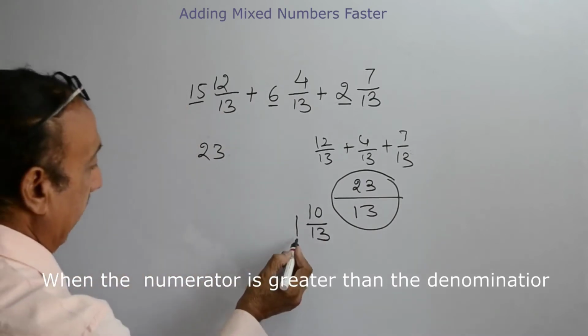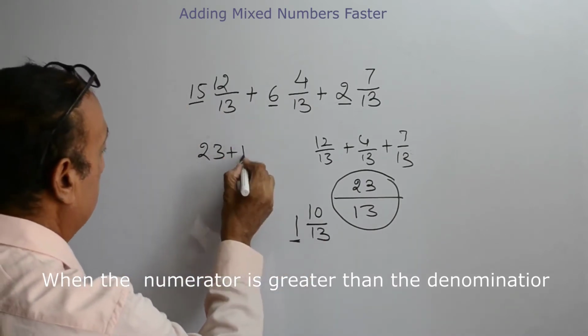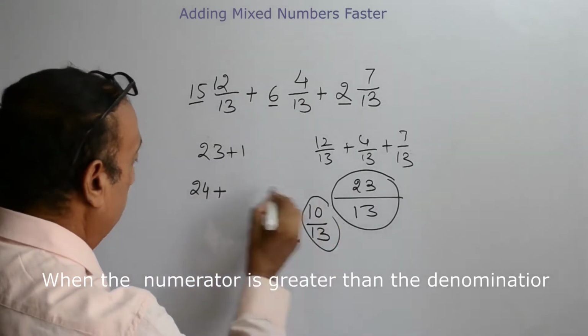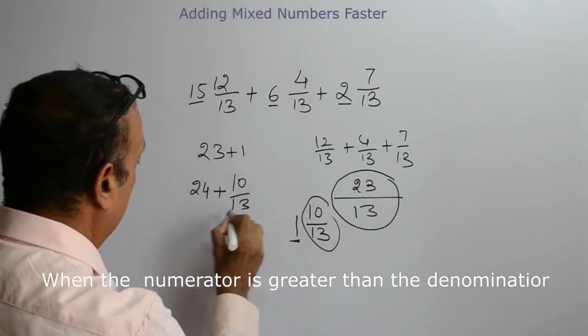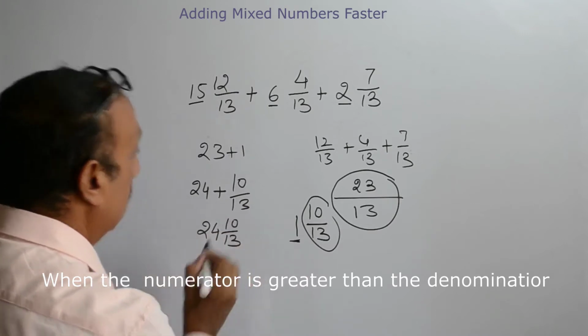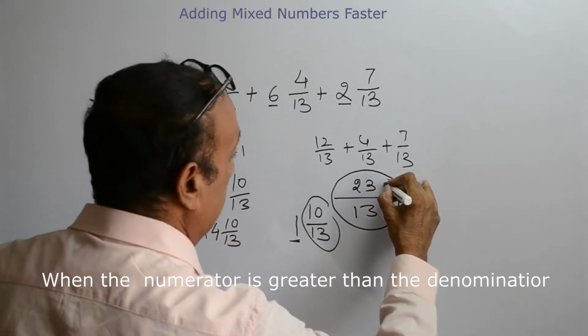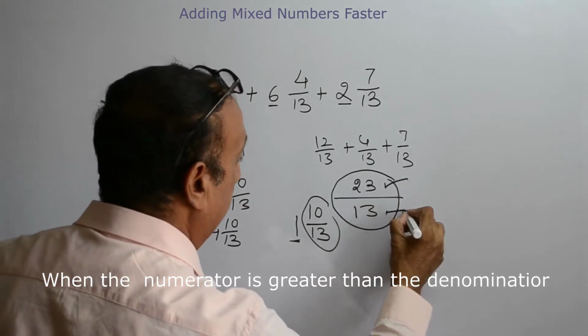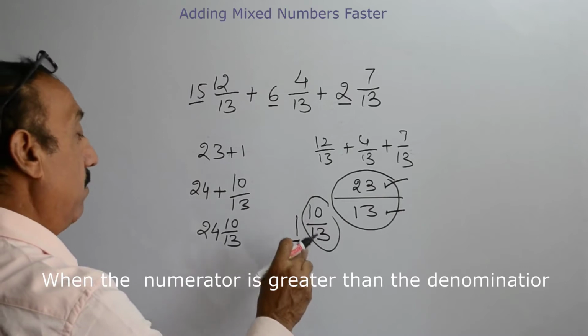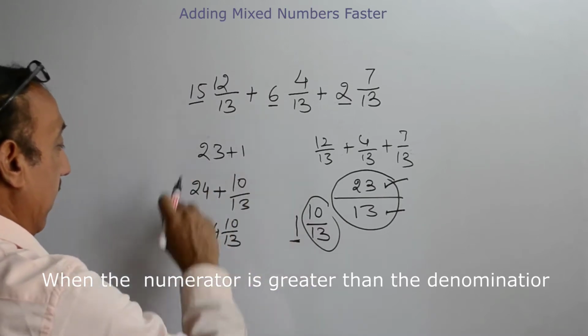So again this one will be added to this. It is 24. 24 plus 10 upon 13 becomes 24 whole number 10 upon 13. So when the numerator is bigger than the denominator, we will again have to convert it into a mixed number and make the arrangement like this.